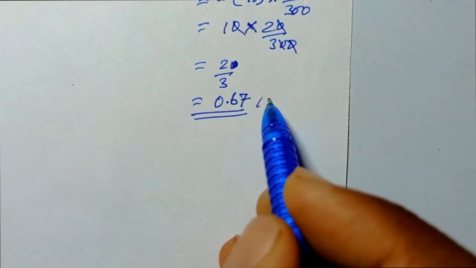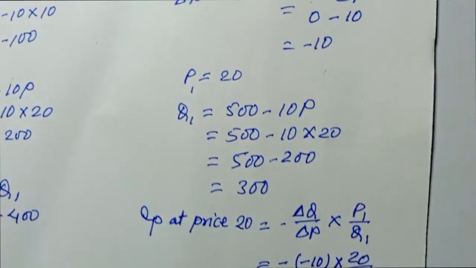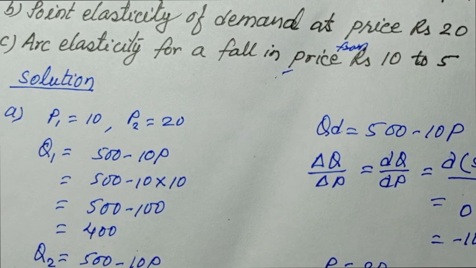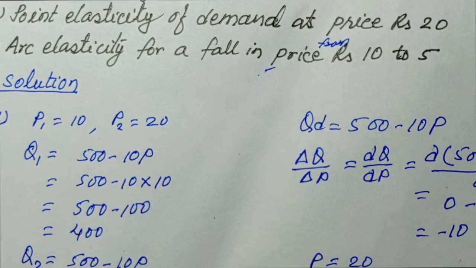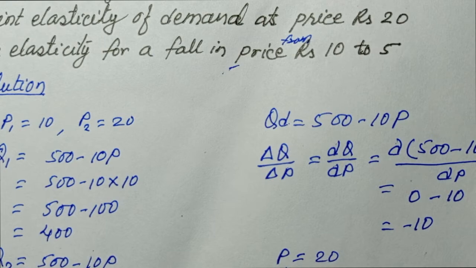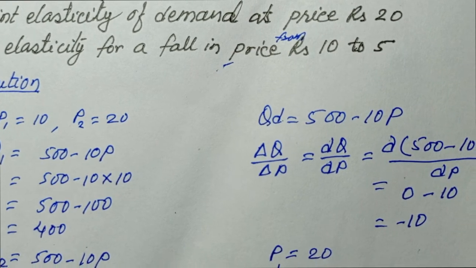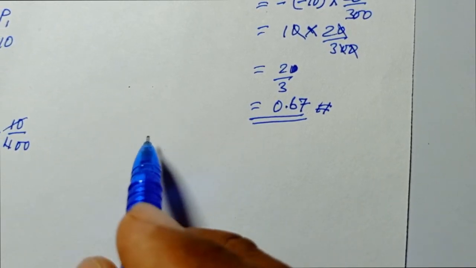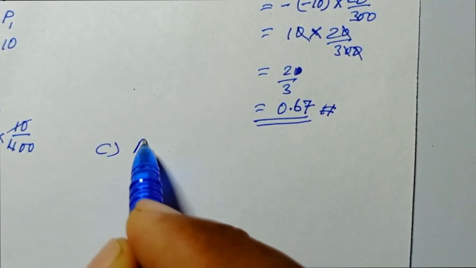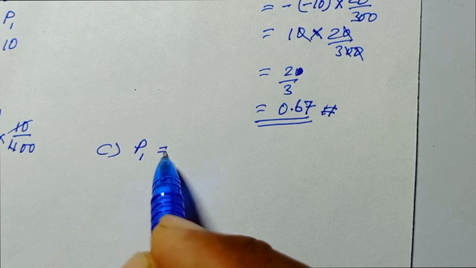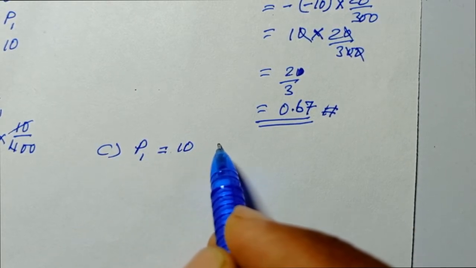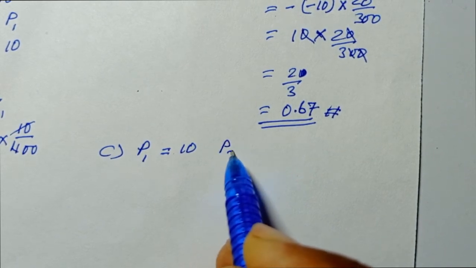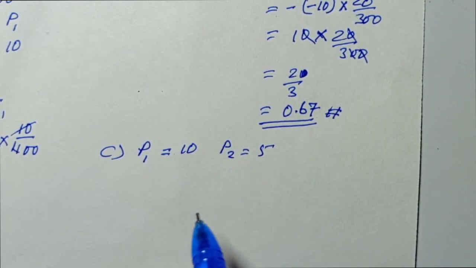And next, the third one, here you have been asked to find out the arc elasticity for a fall in price from rupees 10 to 5. Here the initial price P1 was equal to 10, and the new price after the fall in price, P2, is equal to 5.